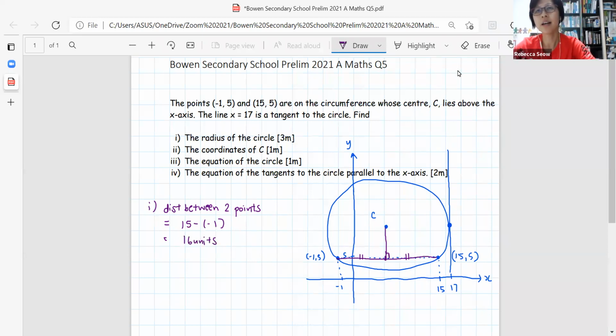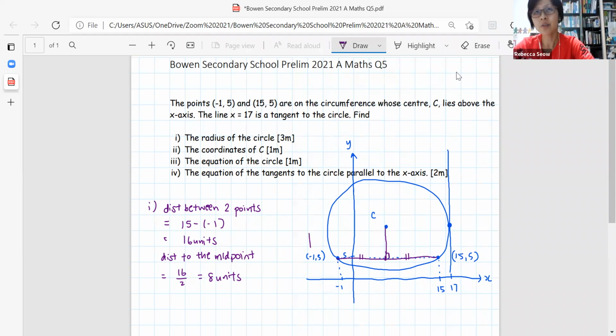And the distance from one point to the midpoint would be half of 16, which is 8 units.